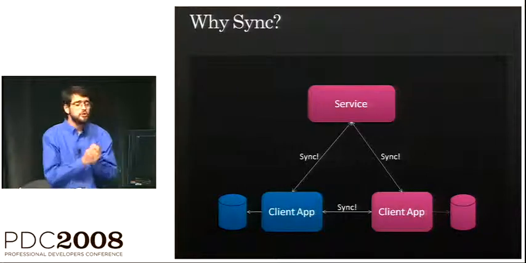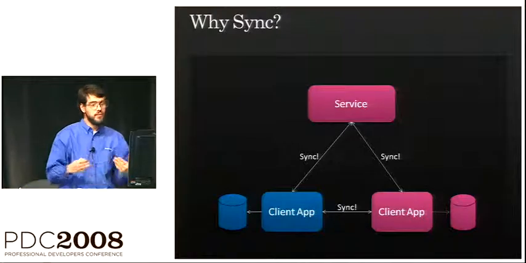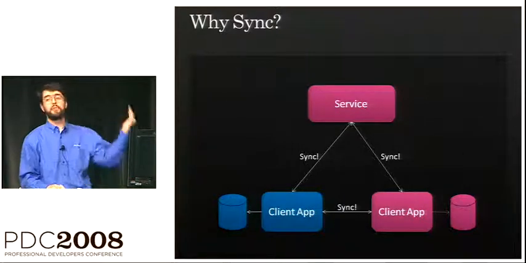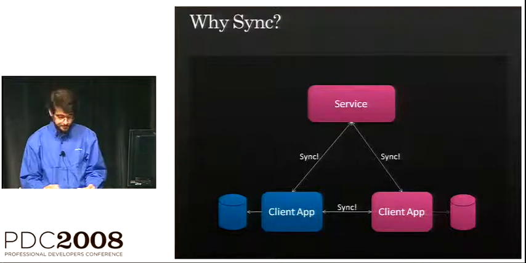It also allows you to synchronize its data with another copy of your application, turning it effectively into a distributed app, whether through the service or in a peer-to-peer fashion between the apps directly.